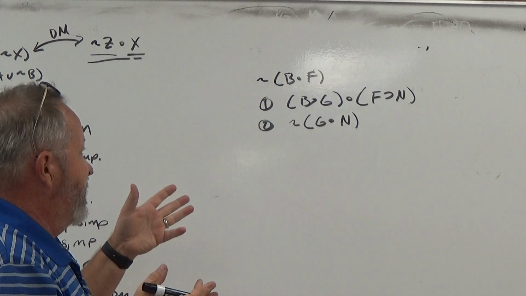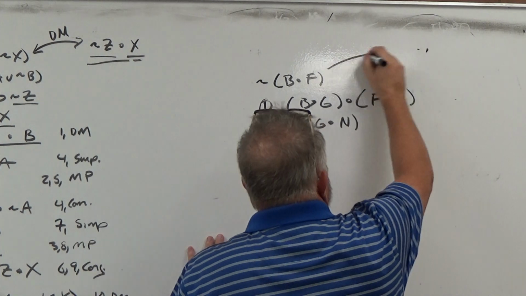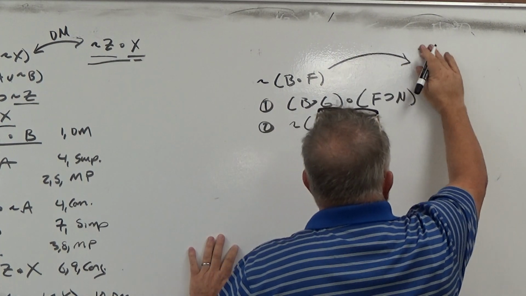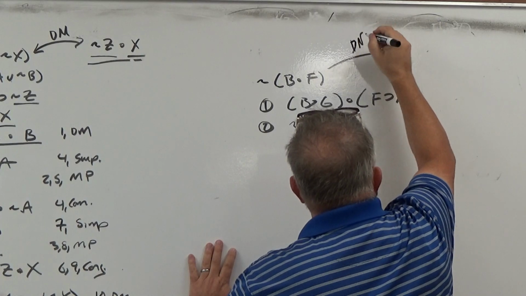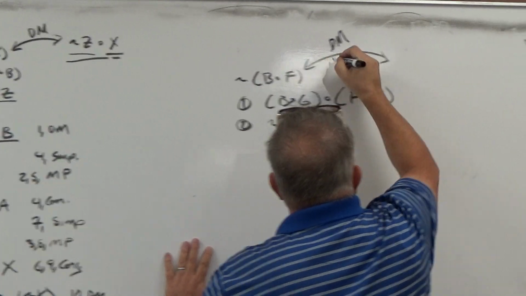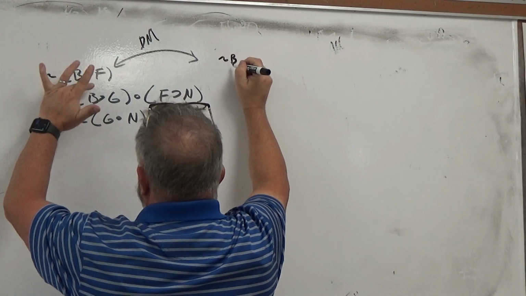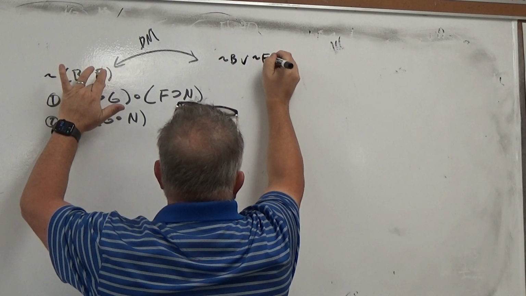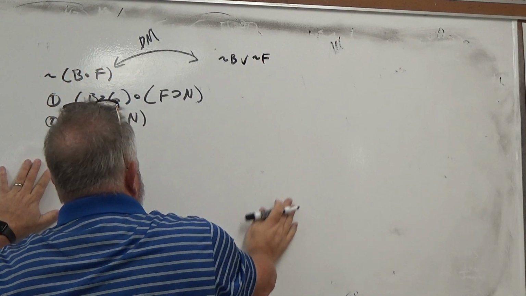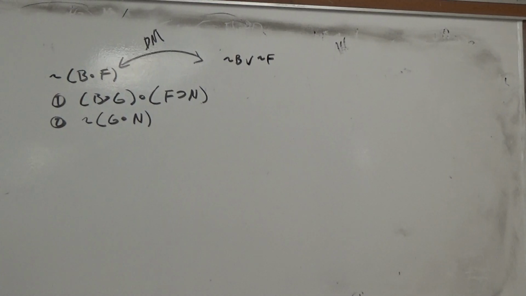I don't see its opposite in the antecedent. But since this is a negated conjunction, I'm going to make a mental note of what it is by De Morgan's. And if I push the negation through, B becomes not B, and becomes or, and F becomes not F. So that's what I can go for, okay?